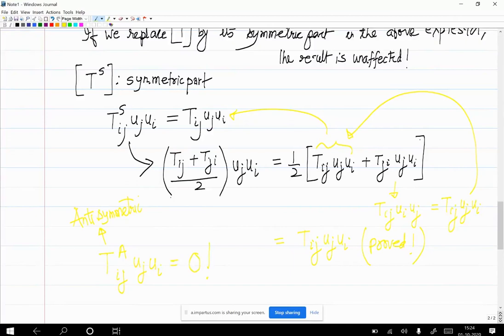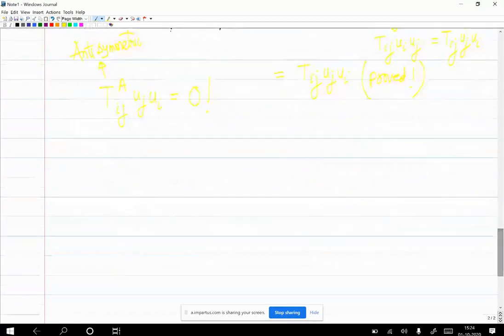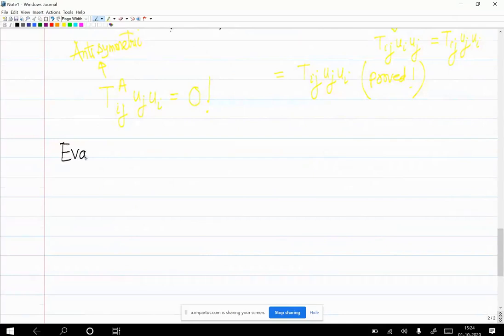All right, let's see some other example. Next, another nice example is that they want to evaluate this expression. Evaluate delta ij, delta ik, delta jk.